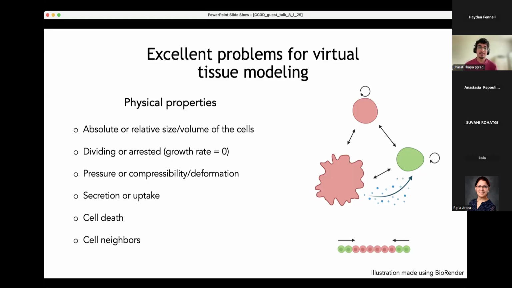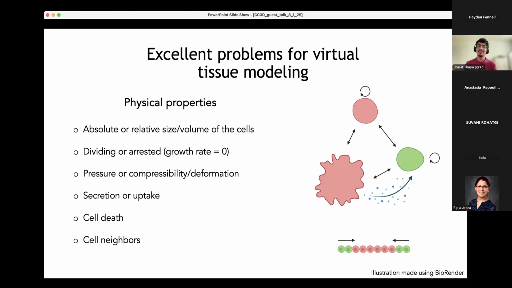And then from literature or from your own experiments, you can figure out if there is one cell secreting something and the other taking it up or getting attracted. All of these can be physical properties which can be implemented in your model, which are known in your biological problem. Cell clearance or cell death can be implemented. You can check the neighbor of a cell in CompuCell 3D easily with 3 lines of code.